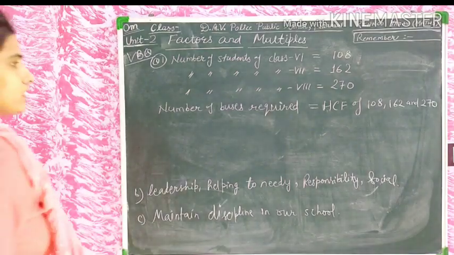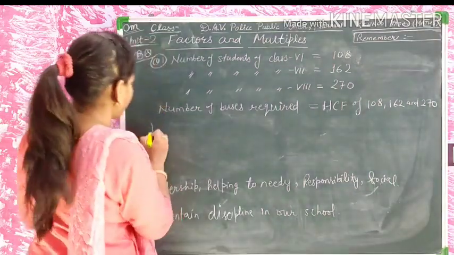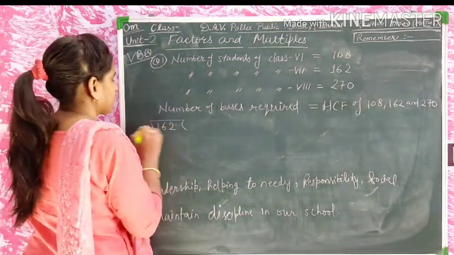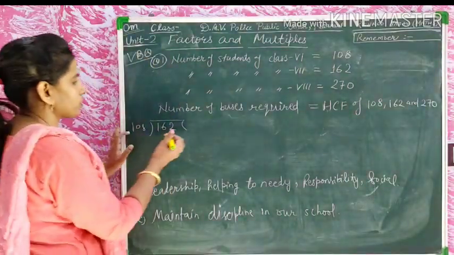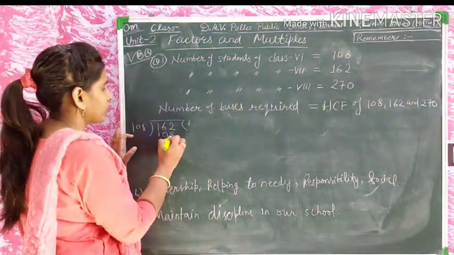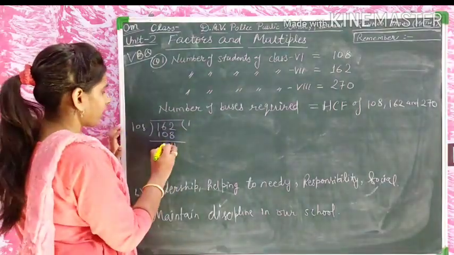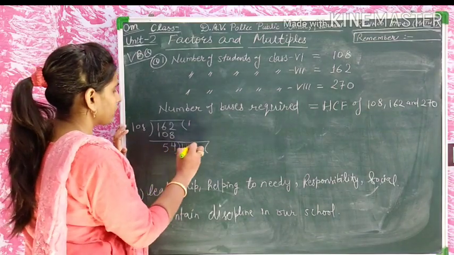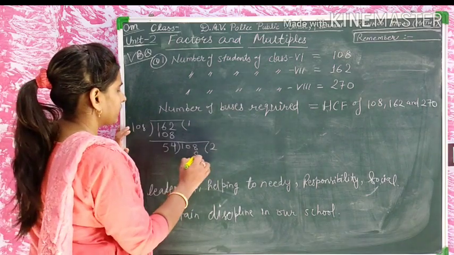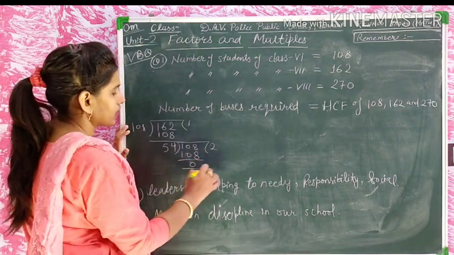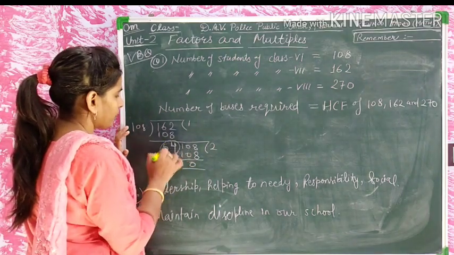For HCF we take the first two numbers, 162 and 108. Dividing 162 by 108, the remainder is 54. Then 54 divides 108 exactly, since 2 fives are 10 and 2 fours are 8, so its HCF is 54.